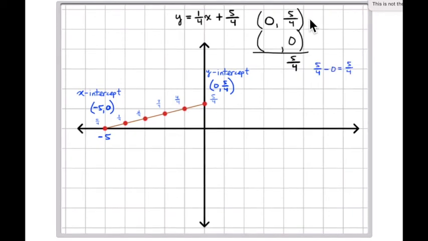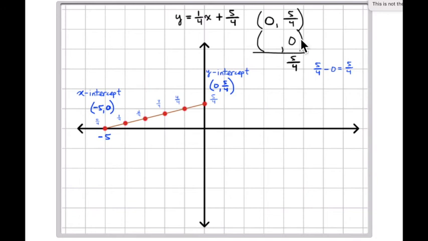All right, so if you look at the y-intercept, that is 0, 5/4. The x-intercept is whatever this point is here, whatever this x-coordinate, and we know it's -5. Let's just leave it blank for a moment. And 0, this is where it crosses the x-axis. So y is 0, where it crosses the y-axis is when x is 0.